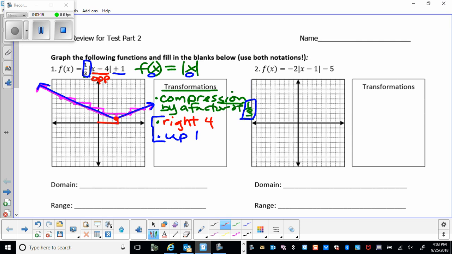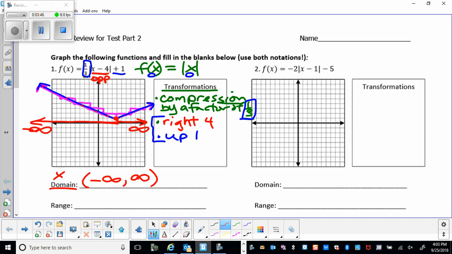Okay. So now I'm going to write down what's the domain. That's my x, right? Those are all the x values of these points. Well, x goes to the left forever, and it goes to the right forever. So my domain is -infinity to +infinity.